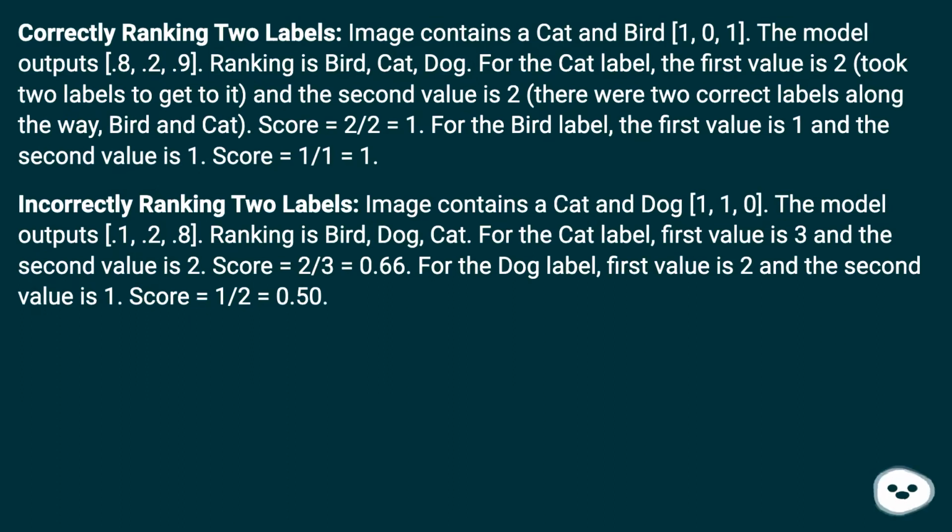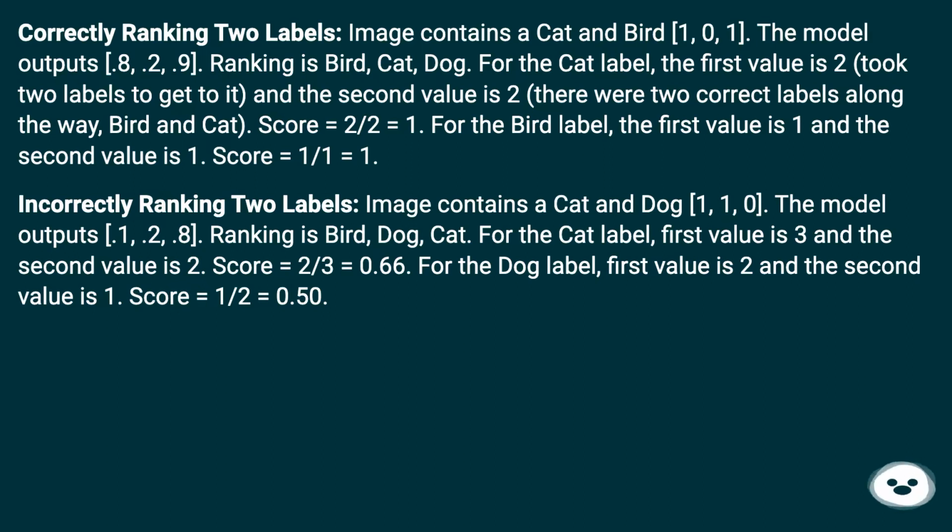Ranking is bird, cat, dog. For the cat label, the first value is 2, took 2 labels to get to it, and the second value is 2. There were 2 correct labels along the way, bird and cat. Score equals 2/2 equals 1. For the bird label, the first value is 1 and the second value is 1. Score equals 1/1 equals 1.